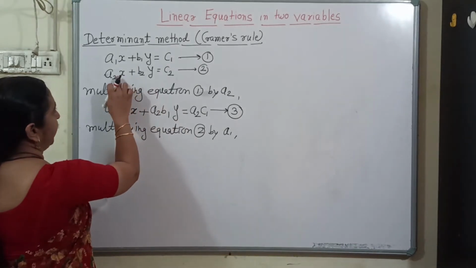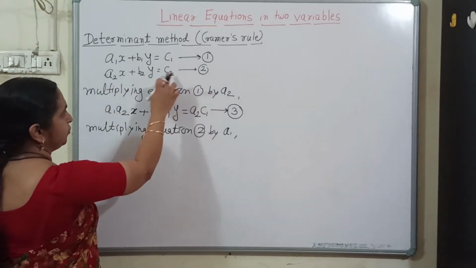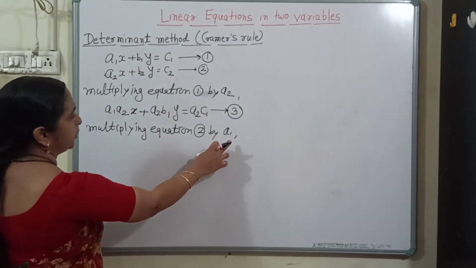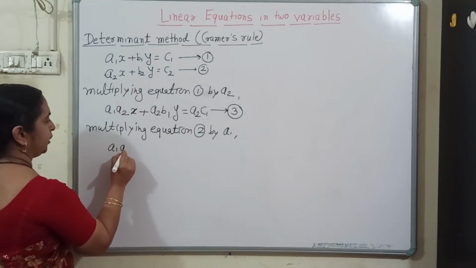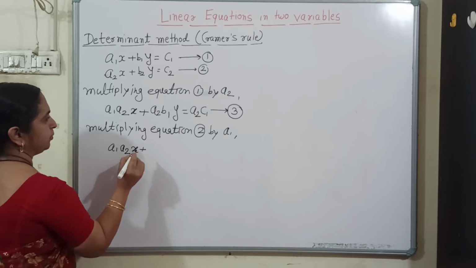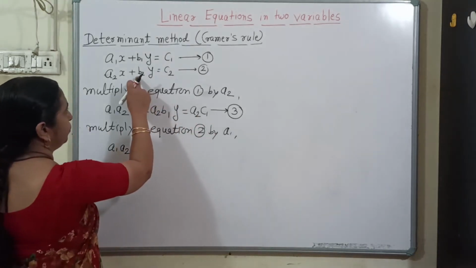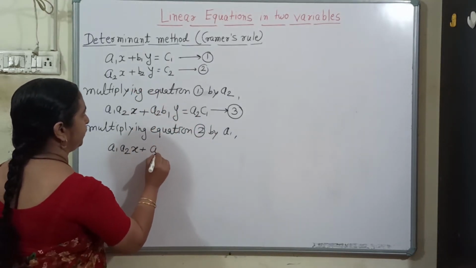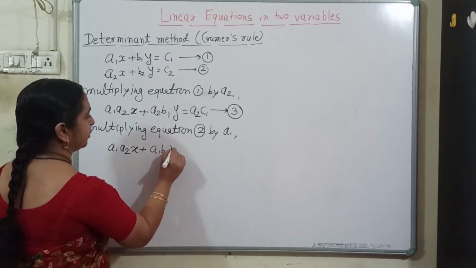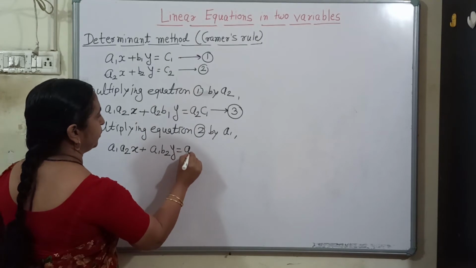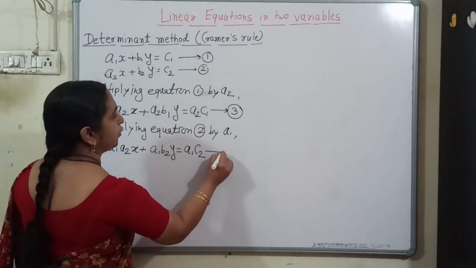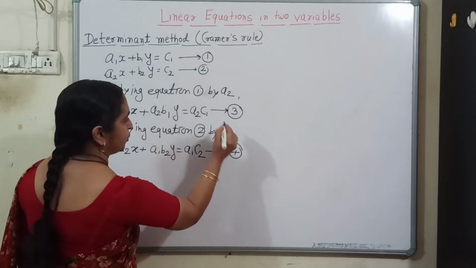Again we multiply each and every term of this equation 2 by a1. Means a1 into a2x is a1 a2x plus a1 into b2y means a1 b2y is equal to a1 into c2, a1 c2, and we call this equation as equation number 4.